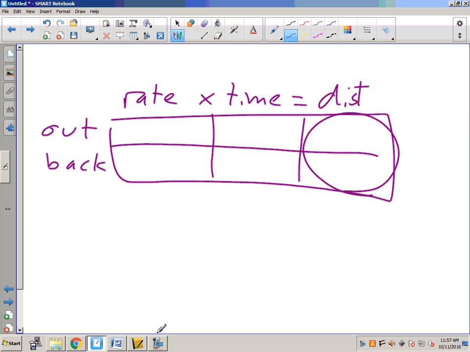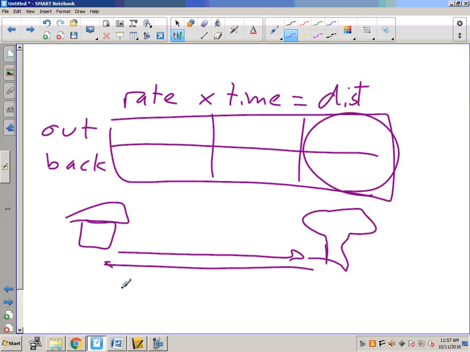If I start at my house and I run out to the tree, and then I run back, what do we know about those two distances? They're exactly the same. So in this case, I would set this distance equal to this.